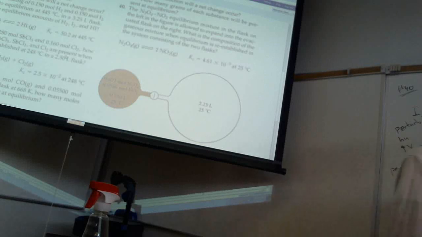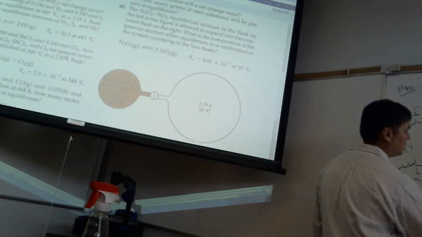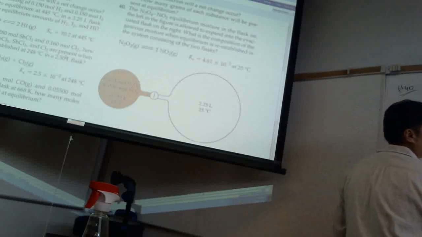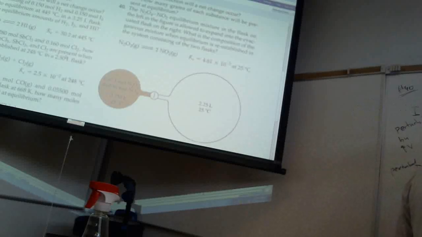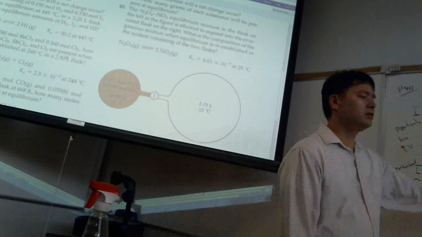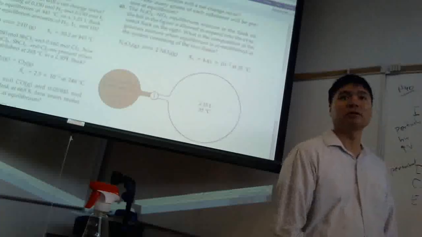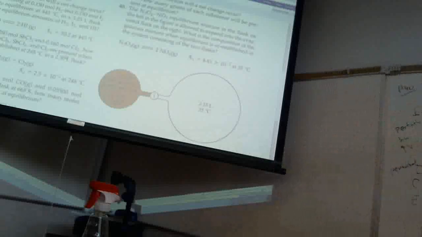And so at equilibrium, we have 0.3236 minus x molar, and 0.01933 plus 2x molar. Now all we have to do is figure out what x is, and then we can get the new equilibrium conditions after this is reestablished.